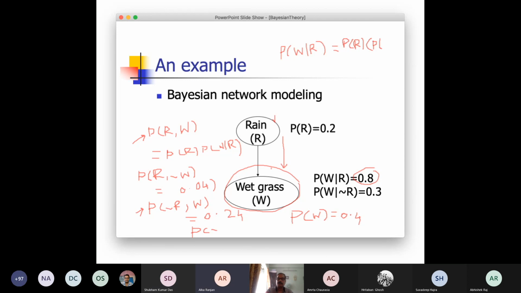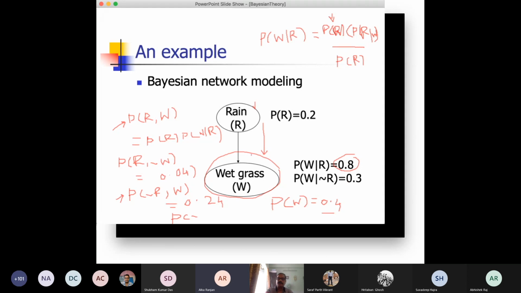All these values are available. The probability of W you have computed, you use it here, 0.4. Probability of R given W.